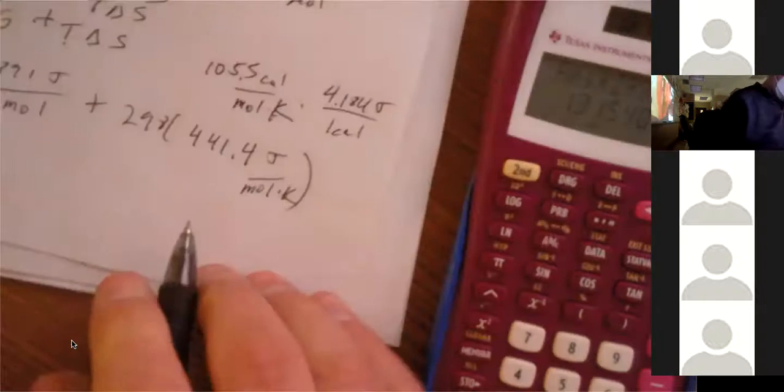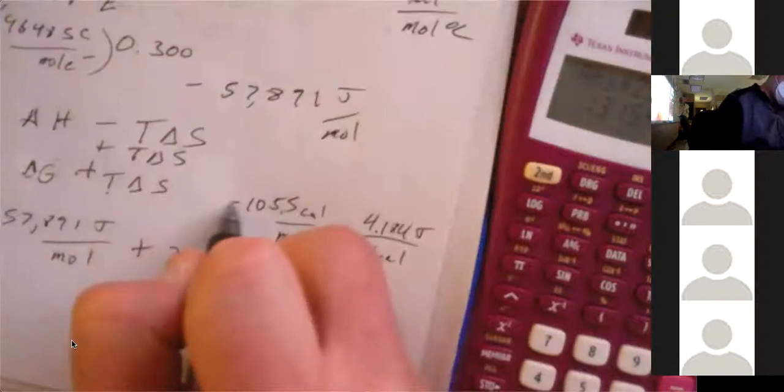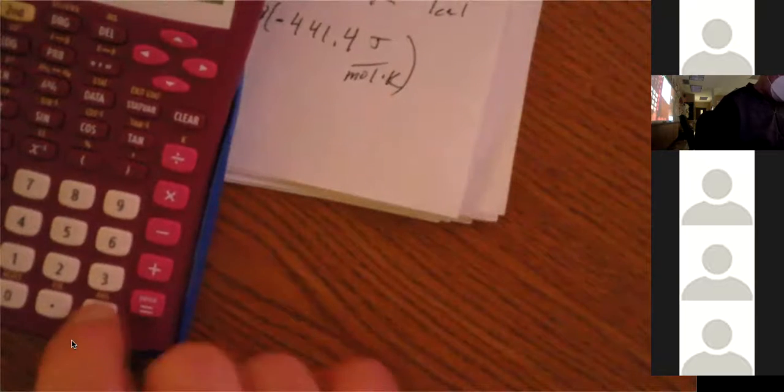This is not negative, is it? Oh, yeah, you're right. Thank you. There we go. Negative 441, right? It's negative 101 minus 4. Yep, I just didn't carry it down there. Thank you so much. And then if we take a look, 298 times that, we will negative that answer.